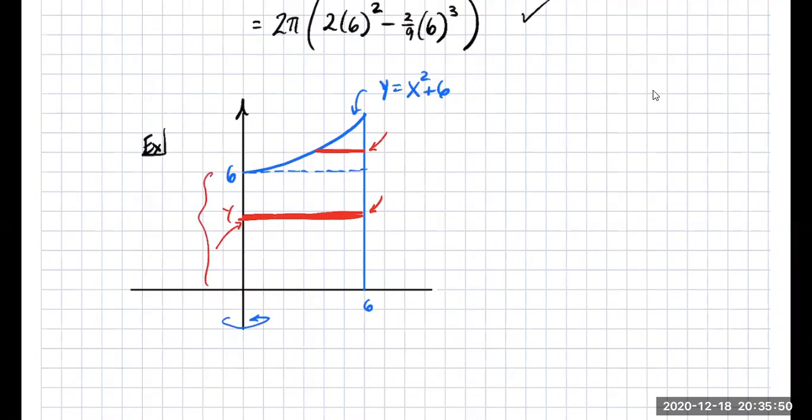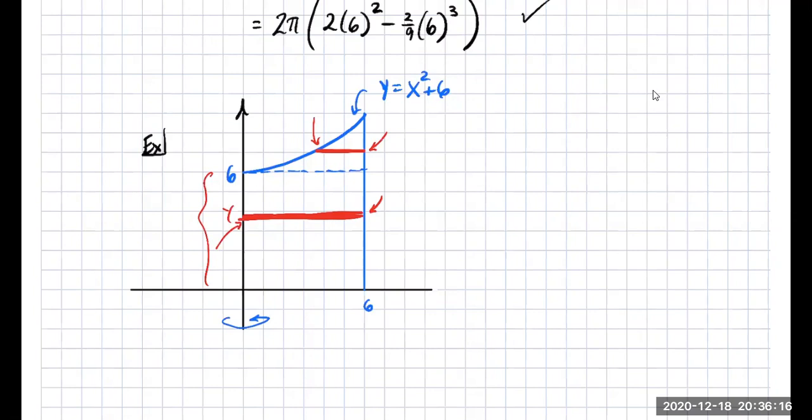But once you get beyond the 6, the left end of the rectangle touches the curve x squared plus 6. Remember what we said when we discussed areas? If ever there is a change in the top or the bottom or the left or the right of the differential rectangle, then it's going to require a separate integral. Why do we care? Well, who wants to do more integration than you have to, right?